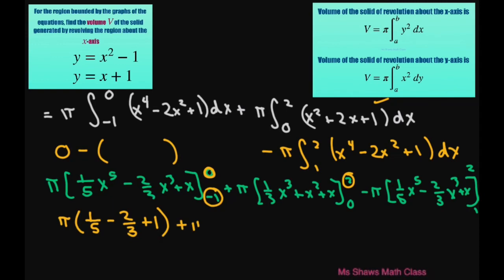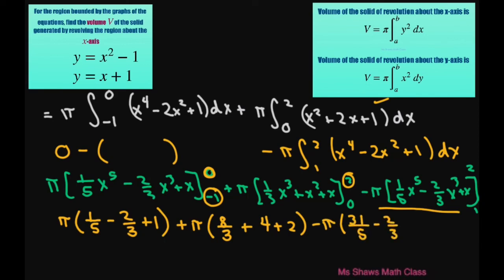So that's going to be pi times 8 divided by 3 plus 4 plus 2. And then for this one, we're going to get minus pi times 31 divided by 5 minus 2/3 times 7 plus 1.